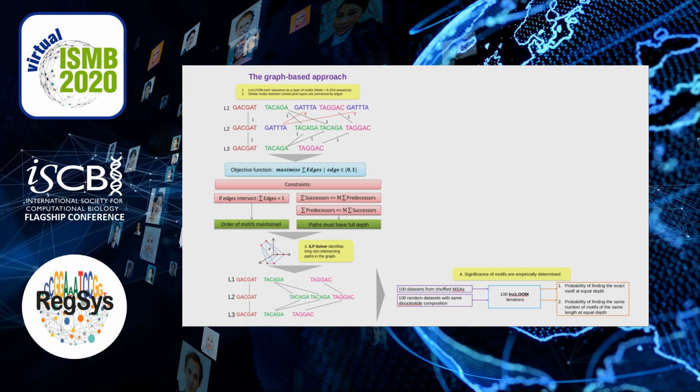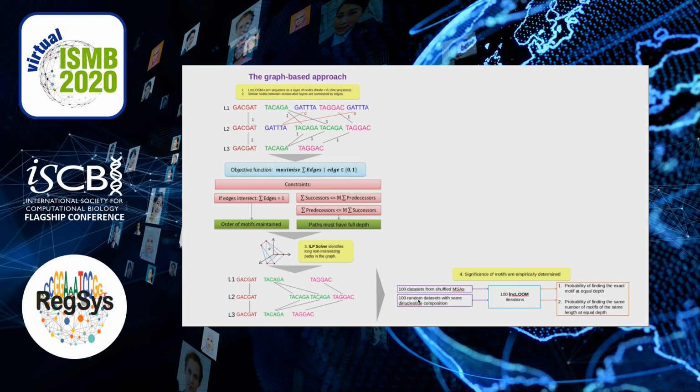And we want to do this in random datasets that firstly have the same percentage identity, which we calculate by shuffling multiple sequence alignments of our input sequences, as well as looking for these motifs, what's the probability of them occurring in random sequences with the same dinucleotide composition.